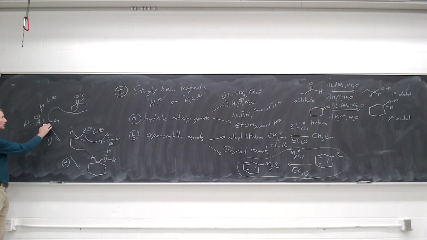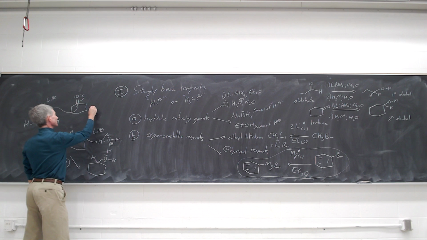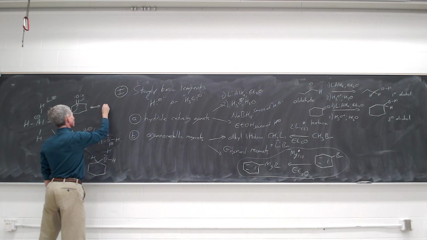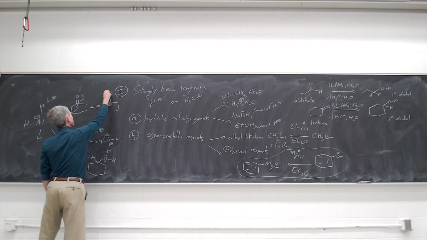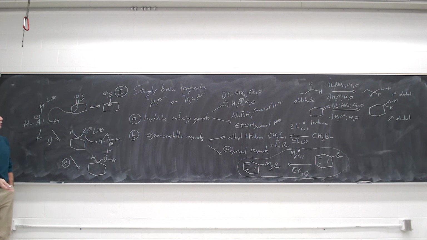A strongly basic reagent will react readily with the positively polarized carbon, and remember that if you're in doubt, you can always write the minor resonance structure, which has a formal positive charge on carbon and negative formal charge on oxygen, and that should make it obvious to you this carbon is subject to attack by the hydride ion.